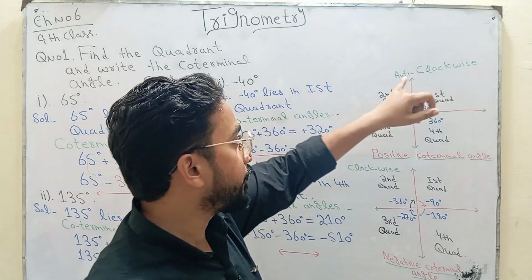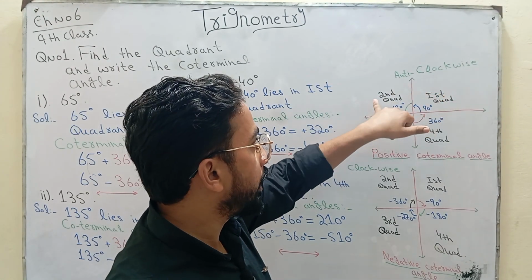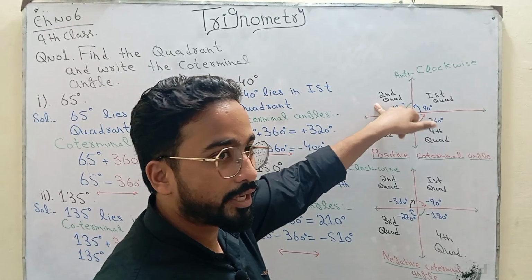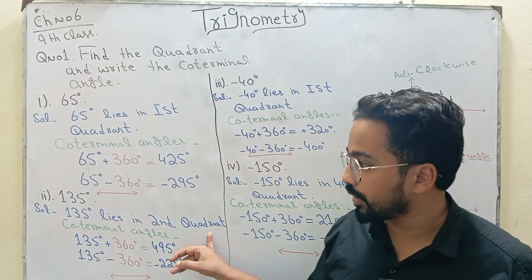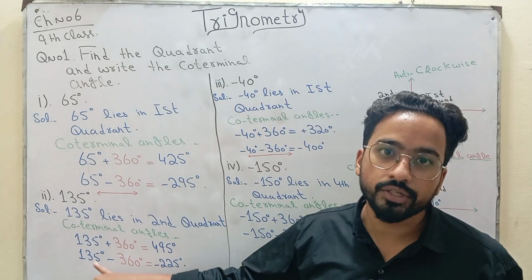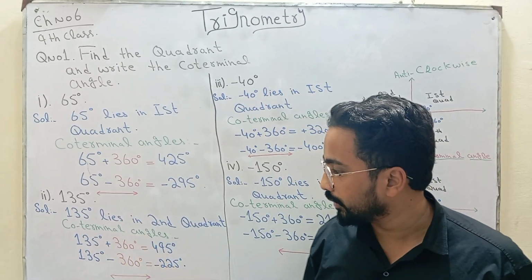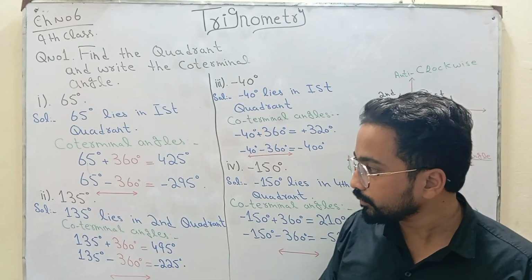Our angle is 135 degrees, which lies between 90 and 180, and this is the second quadrant. So 135 degrees lies in the second quadrant. Similarly, our coterminal angles are plus 360 and minus 360 from the given angle. Then we get 495 degrees and minus 225 degrees.